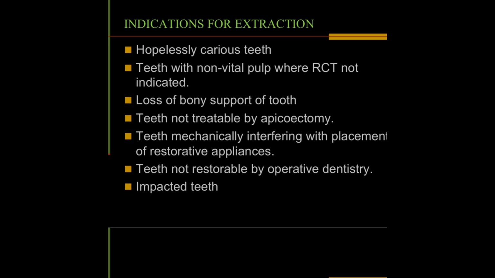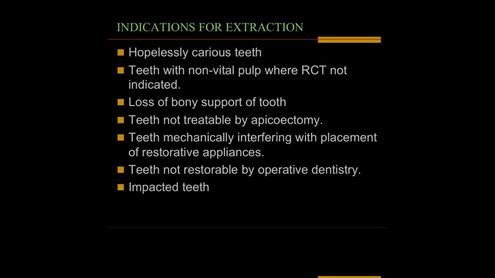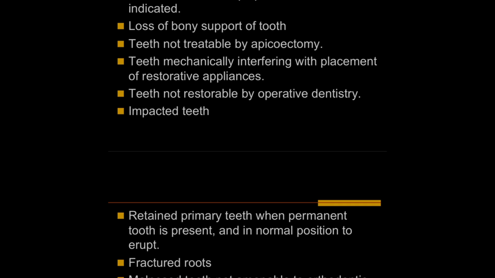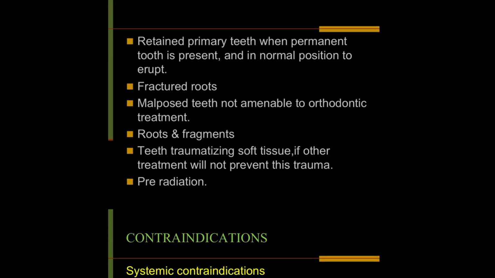Teeth mechanically interfering with placement of restorative appliances. Then teeth not restorable by operative dentistry. Impacted teeth, as we know, fractured roots. Then root fragments. As you know, we take out the root fragments because eventually they will start causing infection in the patient's mouth.